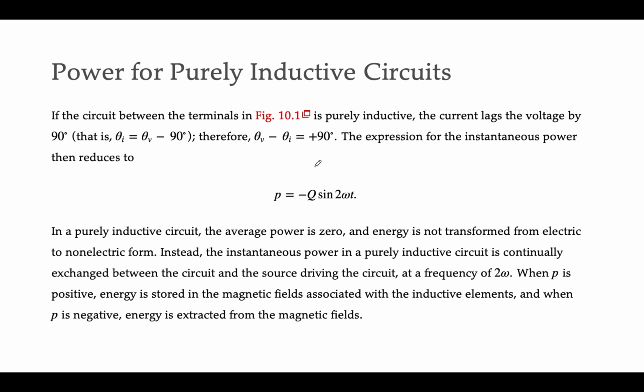Your expression for the instantaneous power is purely reactive, in this case purely inductive. Your negative sign from the original equation is retained. The phase difference between the voltage and the current is plus 90 degrees. We say the voltage leads the current in an inductor by a 90-degree phase angle.